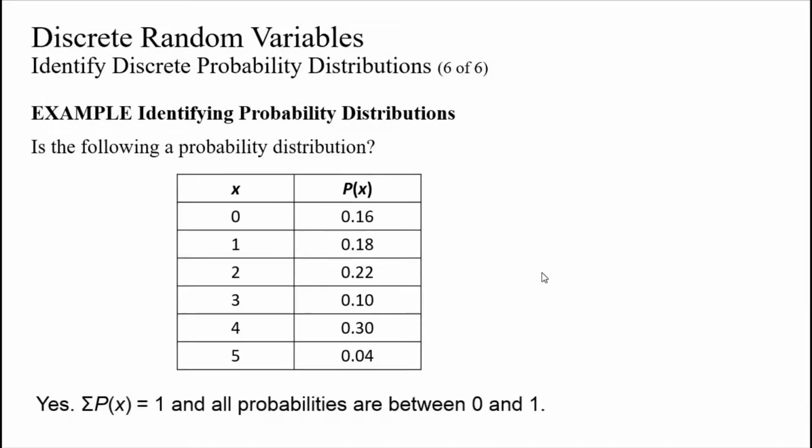If you look at this table, let's examine. First, each of these probabilities is less than 1 and it is positive, so the second condition is met. And if we add all of these probabilities up, then we will end up with 1. So yes, this is actually a probability distribution table.